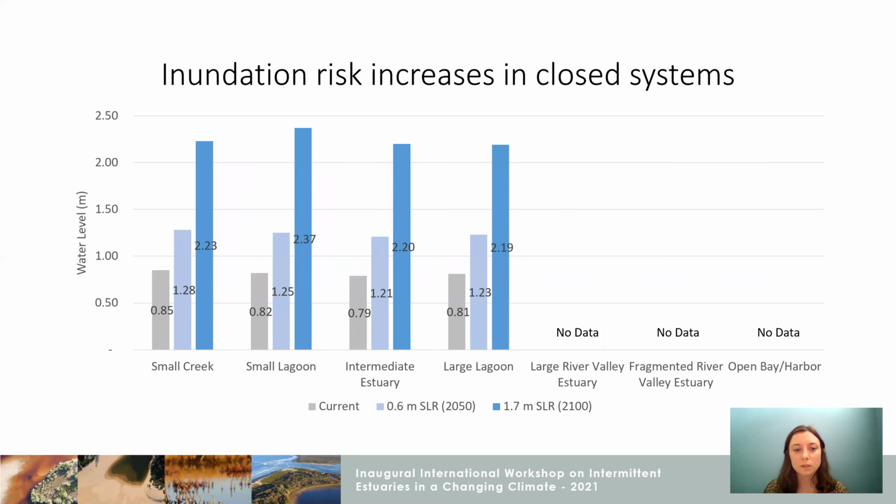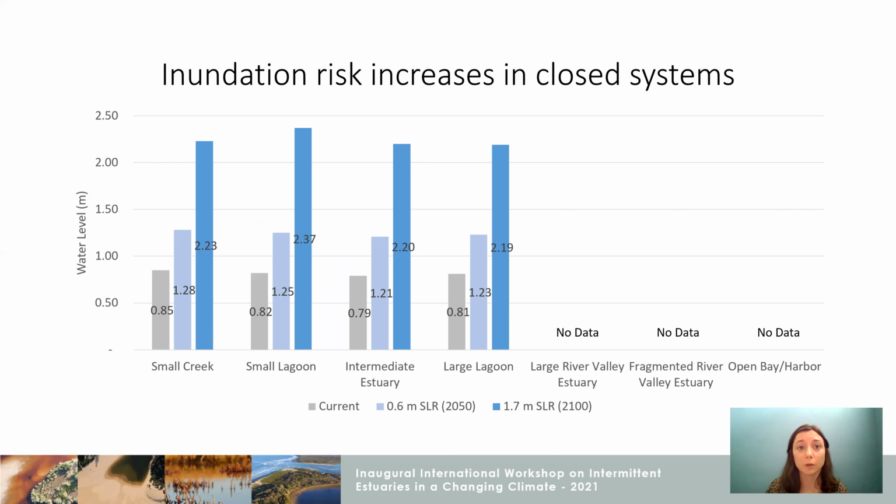Now, when these systems underwent high closure, the changes in estuary water levels are expected to increase as well. So there's about 40 centimeters increase with 0.6 meters of sea level rise and about 143 centimeters with 1.7 meters of sea level rise across the board.